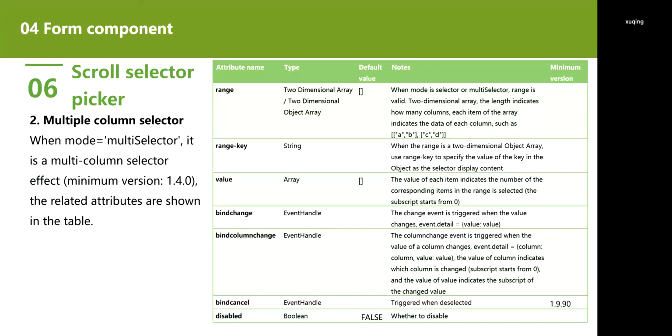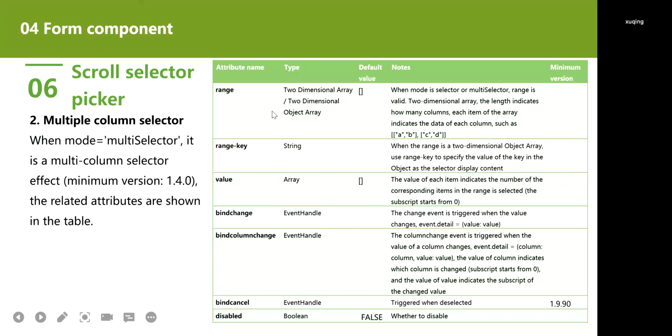The second one is the multiple column selector. When the mode is multi-selector, it is a multi-column selector effect. Here we have some attributes like range, range key, value, bind change, bind column change, bind cancel, and disabled.